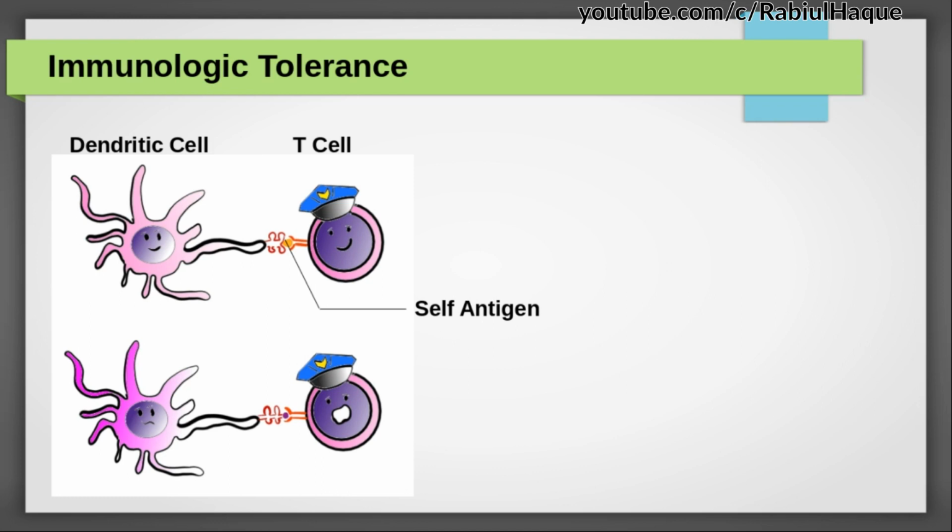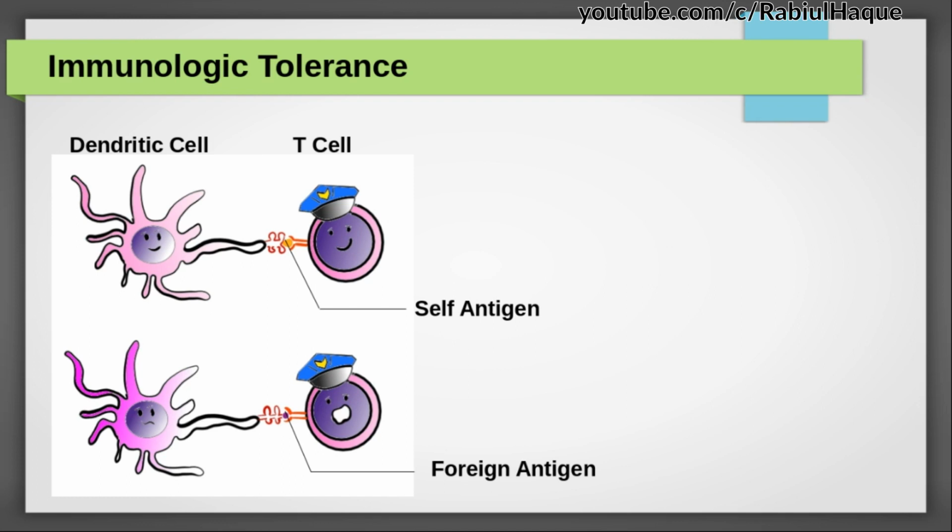Now let's focus on the bottom image. What can we see here? Here, the dendritic cell is not very happy because it is presenting something foreign to the T lymphocyte with the help of MHC molecules. And when the T lymphocyte is presented with such foreign antigen, it is reacting. It is also not happy. It must initiate immune response.